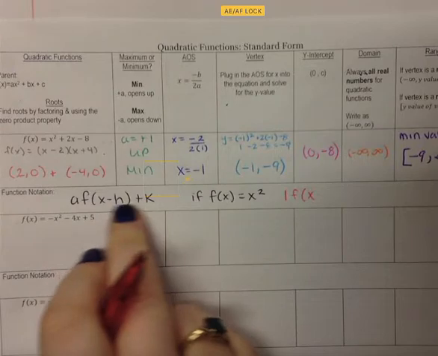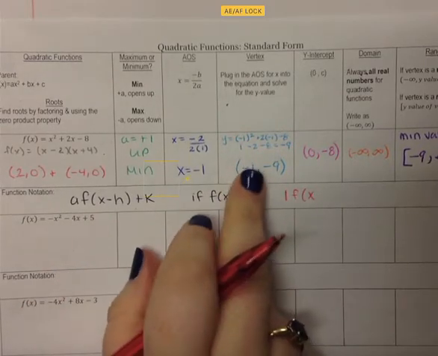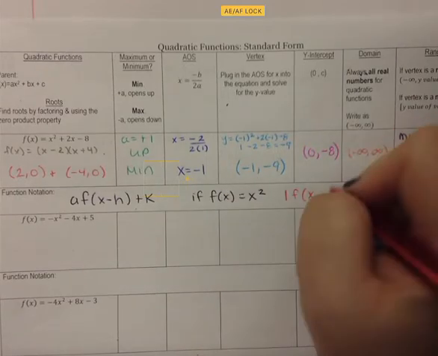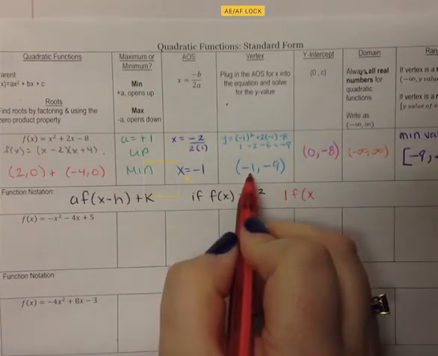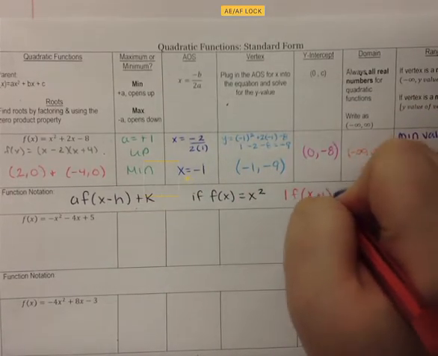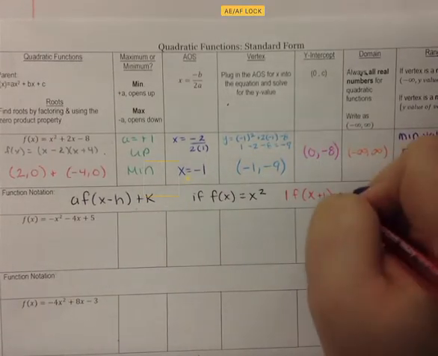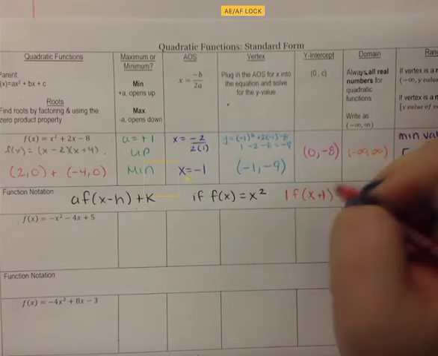Remember, this comes from our key point. Our key point is our vertex. So we're going to change that h value, so it's going to be +1 because it will be minus a -1, which is +1. And then we're going to keep that k value, so that -9. This is function notation.